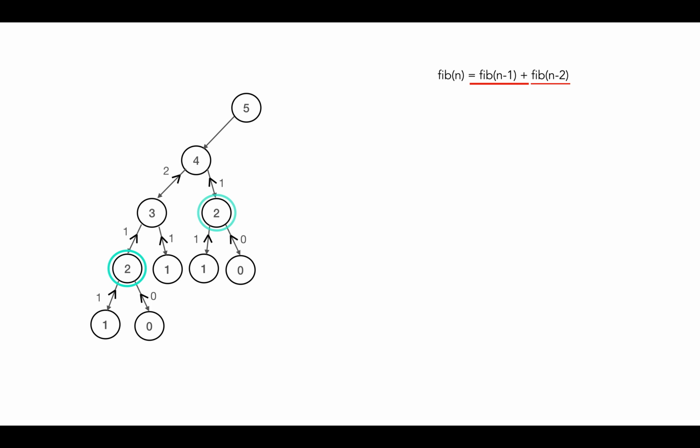And then this is passed on to the previous call as the result for fib(n-2). Now we calculate the value for fib(4), which is 2 plus 1, 3, and it is passed on as the result of the left call to fib(5).